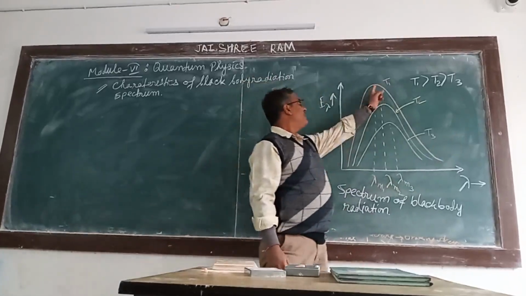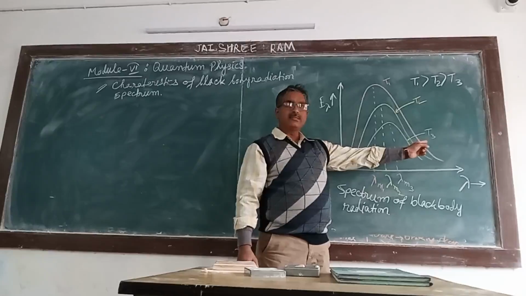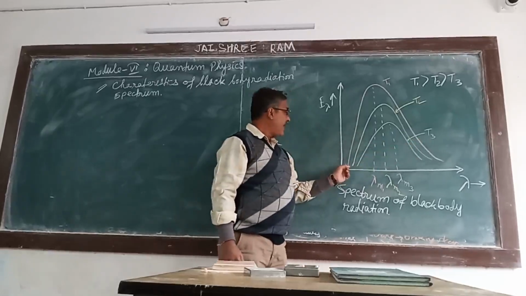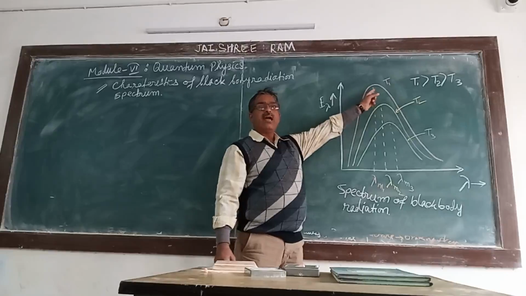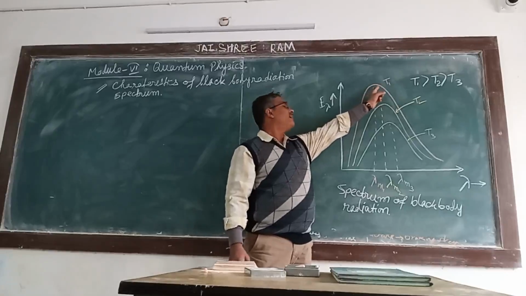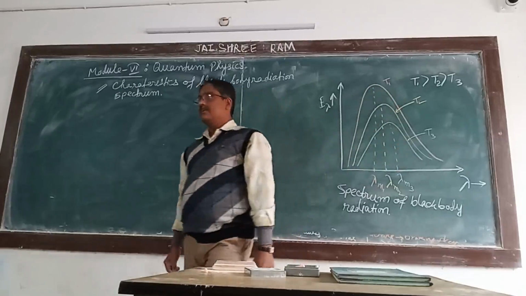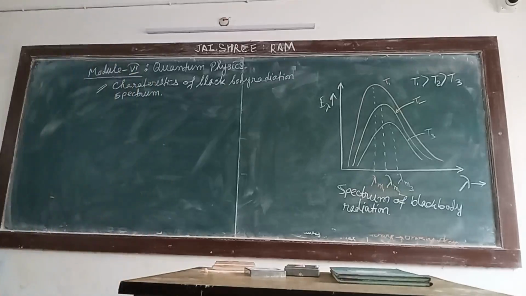So at first, as the wavelength increases, intensity also increases, attains the maximum value, and after that, when the wavelength increases, the intensity decreases. It cannot be explained by classical mechanics.